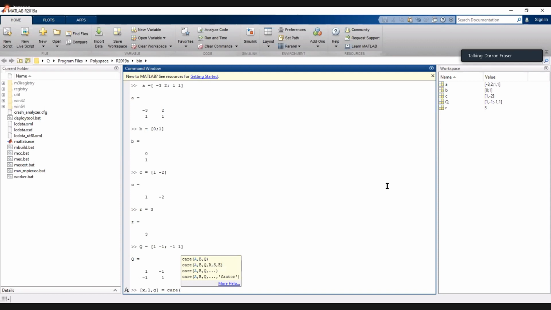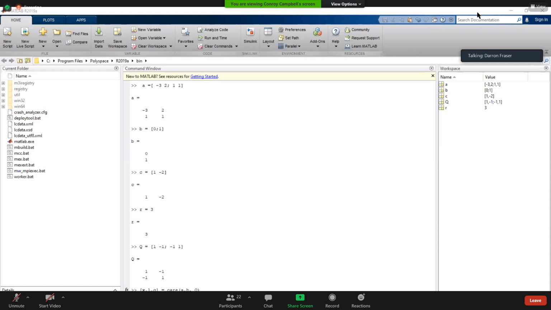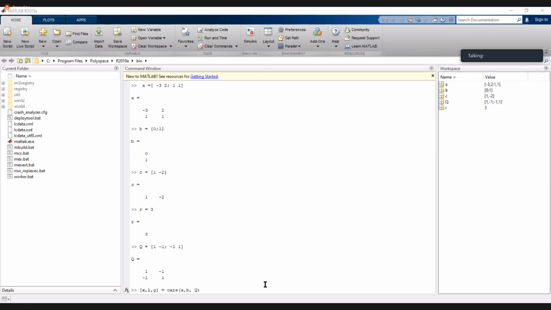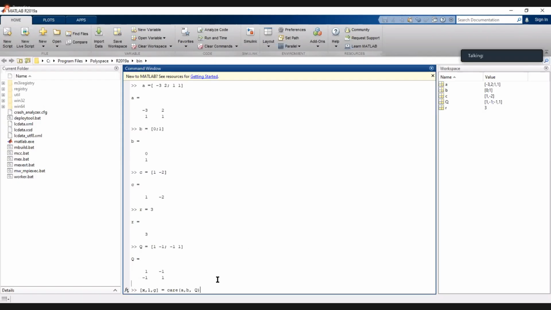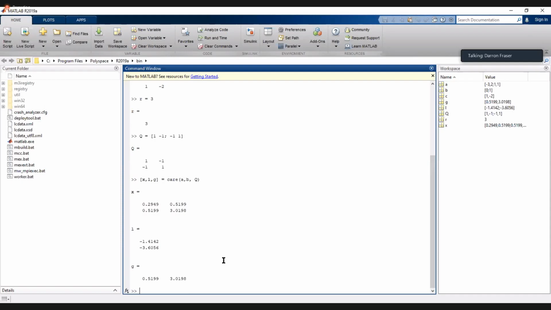And that is command A, command B, command Q. You can just click the top one. That's it.